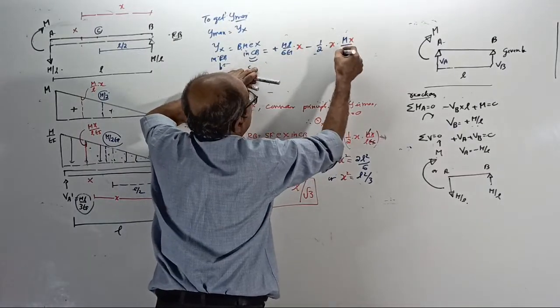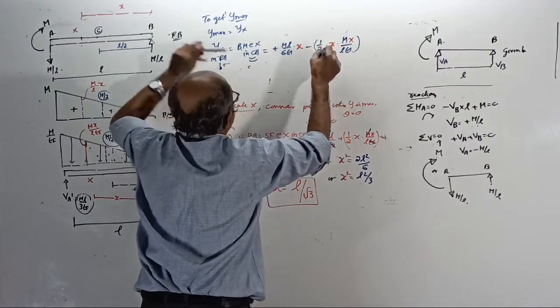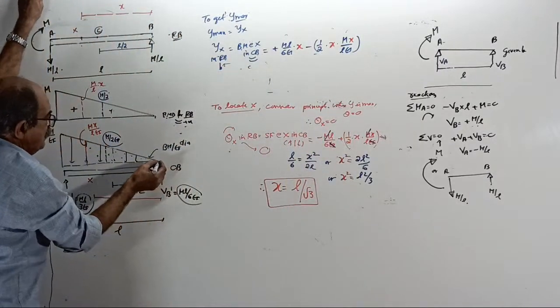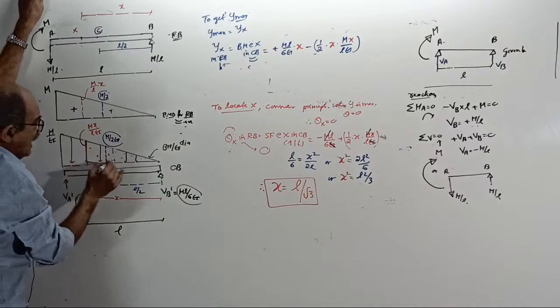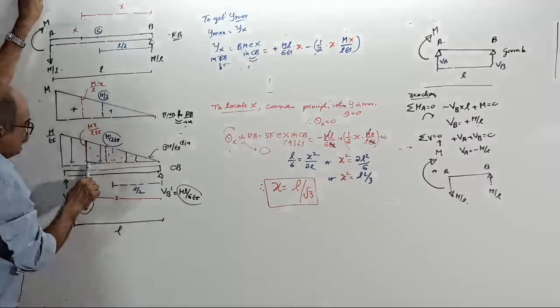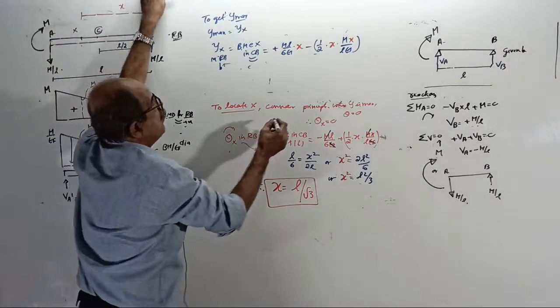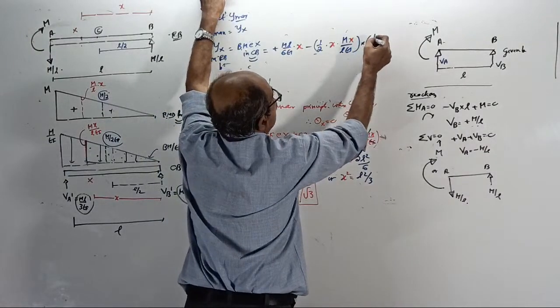Mx by LEI. See, this is the total load from here to here for this triangle, the CG will be here, so it is multiplied by 1/3 of x.